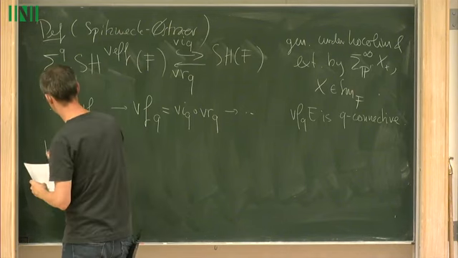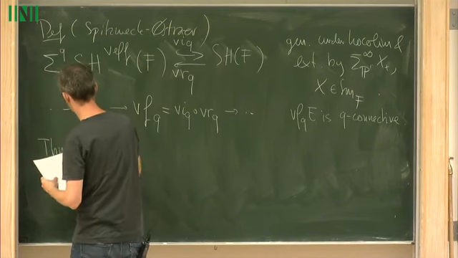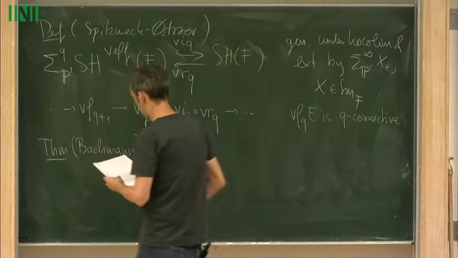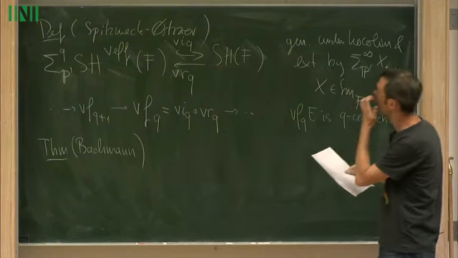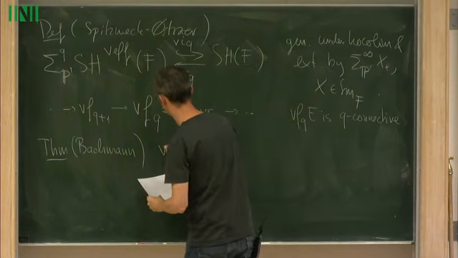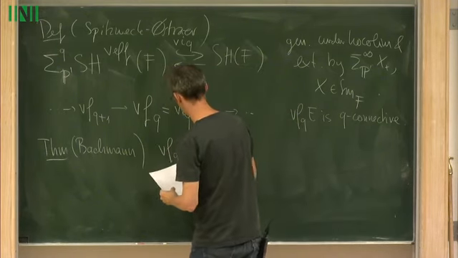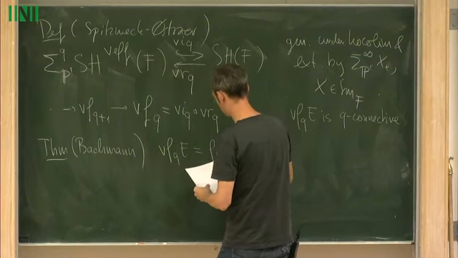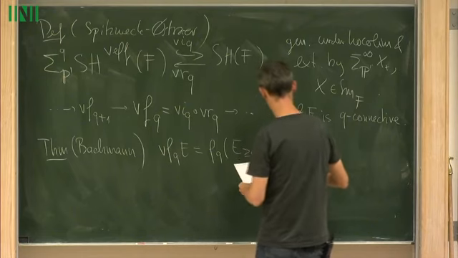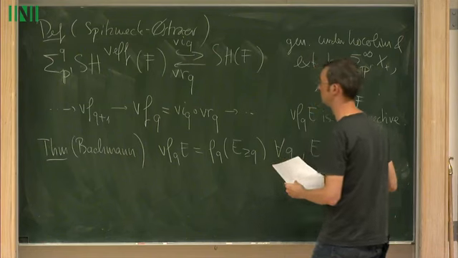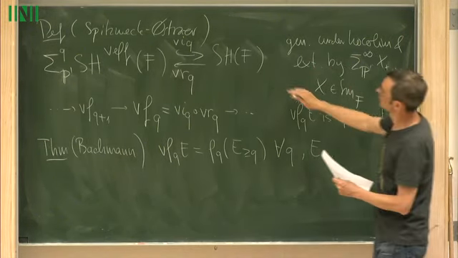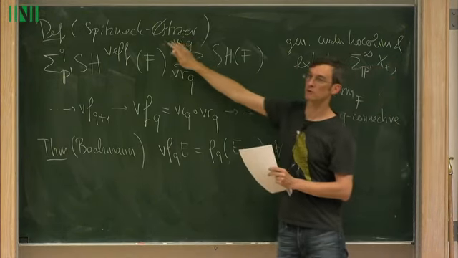In fact, Tom Bachmann has the following very nice characterization of this very effective filtration, which works over a perfect field. The very effective cover of E corresponds to the effective cover of the connective cover of E, for all Q. So there's no need for this definition, but this is how it was first defined.